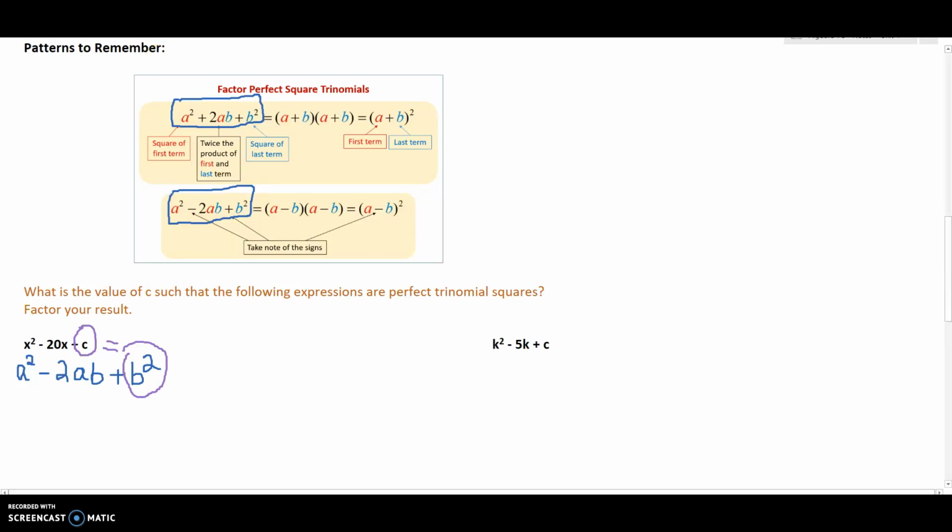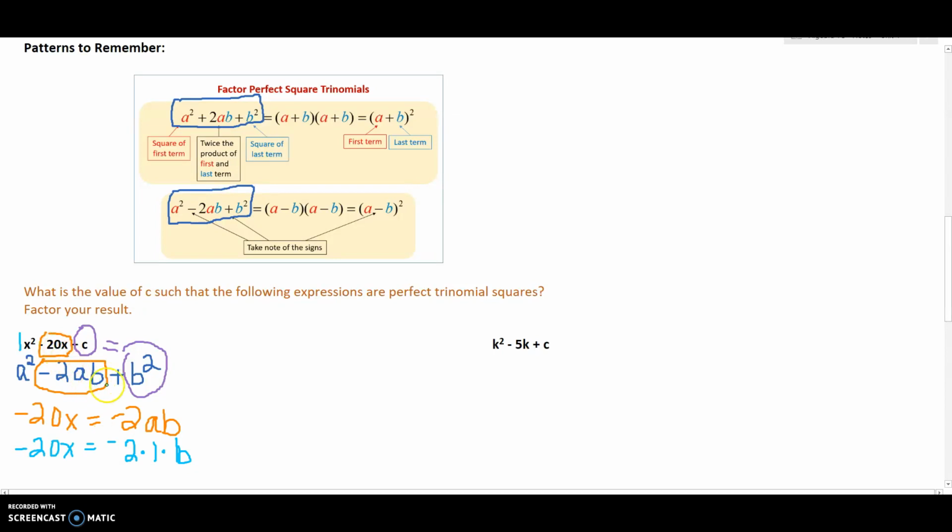So I know here that negative 20x, or this middle term, equals the middle part of our pattern, or negative 2ab. And I know that a is equal to 1 because there is no number written there, so we can assume it's 1. So we can plug that in. So we get negative 20x equals negative 2 times 1 times b.